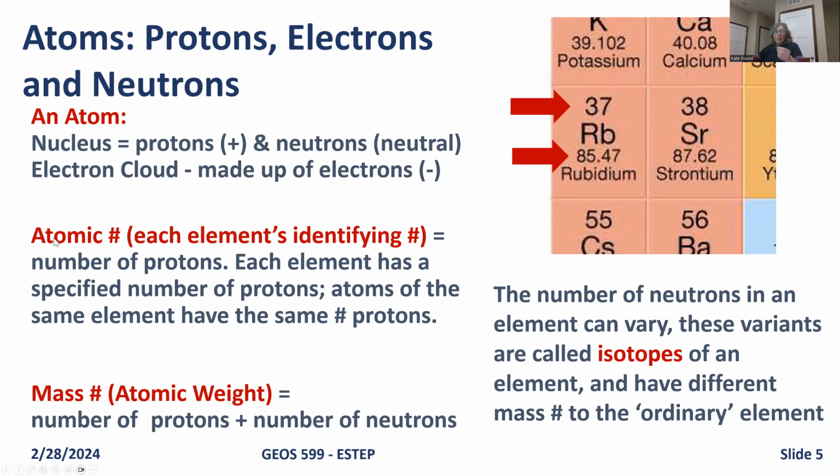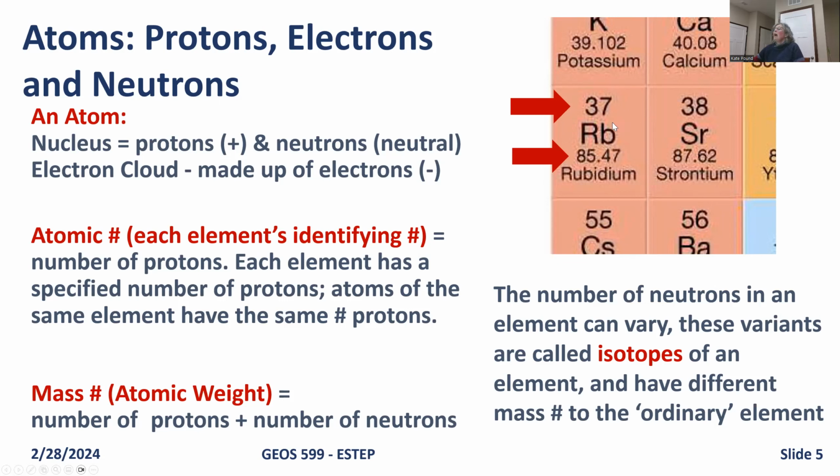They are the atomic number. Now, the mass number, which is larger than the atomic number, is also called the atomic weight. That is the number of protons plus the number of neutrons.